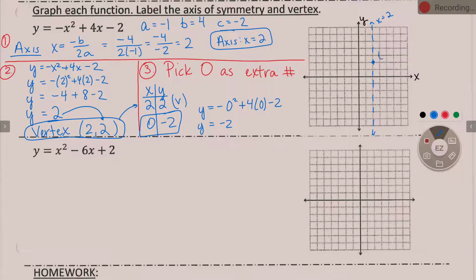So that is the ordered pair 2, 2. Now, does this parabola open up? Does it open down? Is it skinny? Is it wide? So what's the other point we came up with, our extra point? 0, negative 2. So that means from the origin we go 0 left or right and down 2.